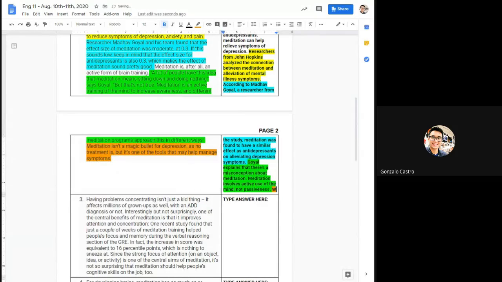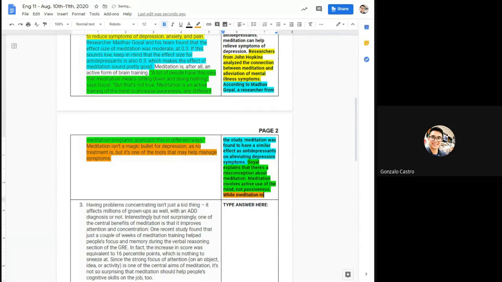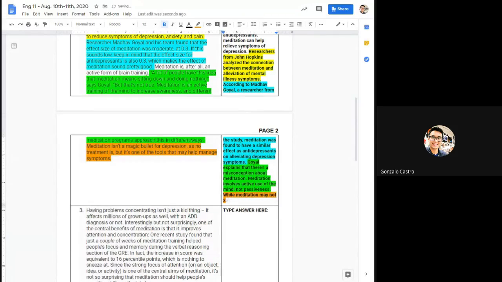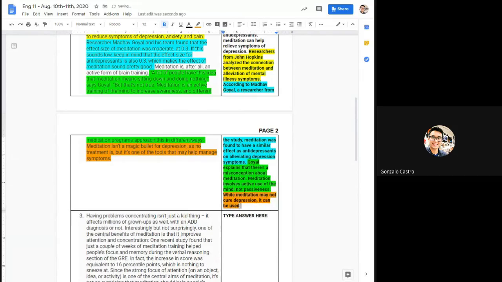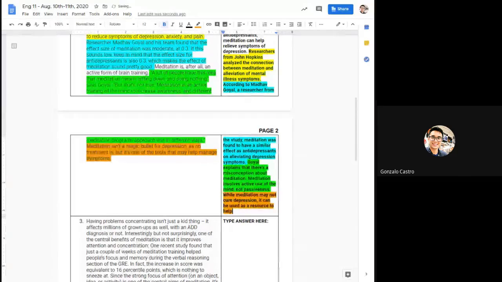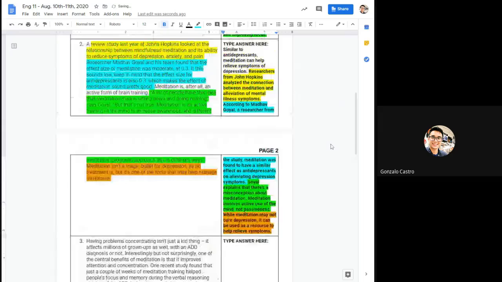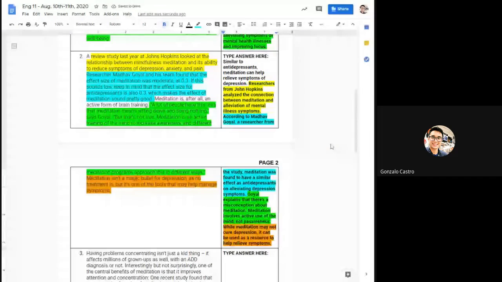So while meditation may not cure depression, it can be used as a resource to help relieve symptoms. And now we are done with our paraphrasing for paragraph 2.